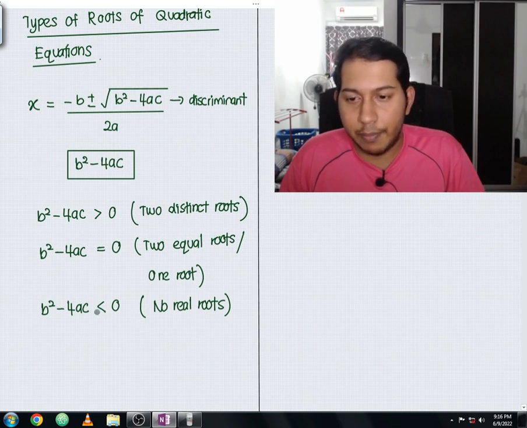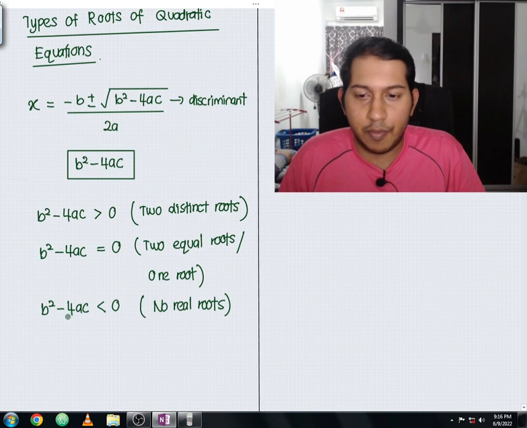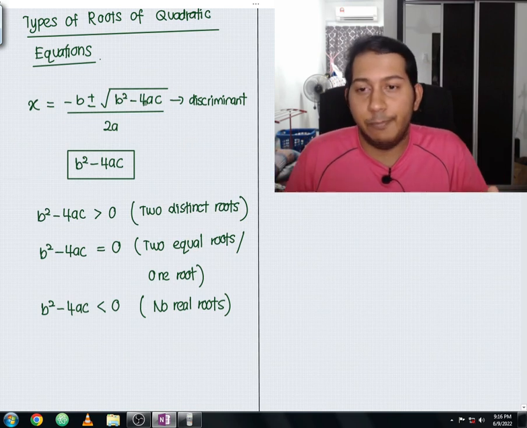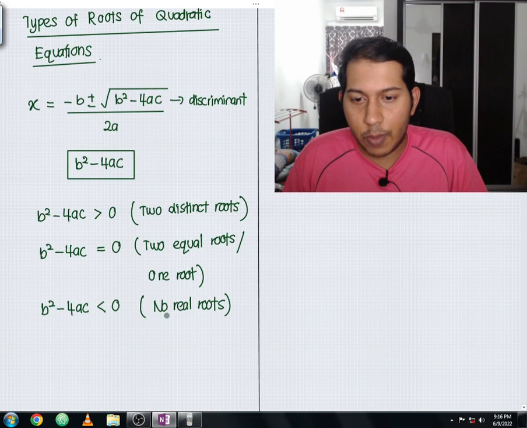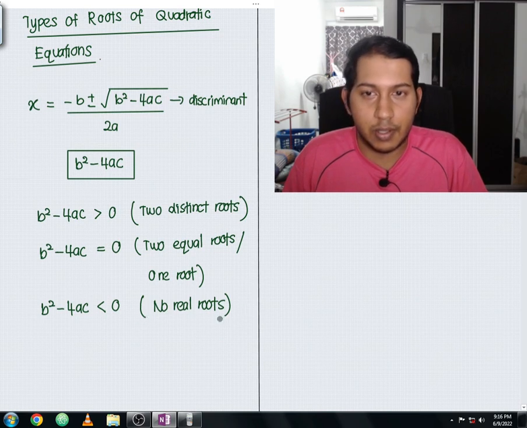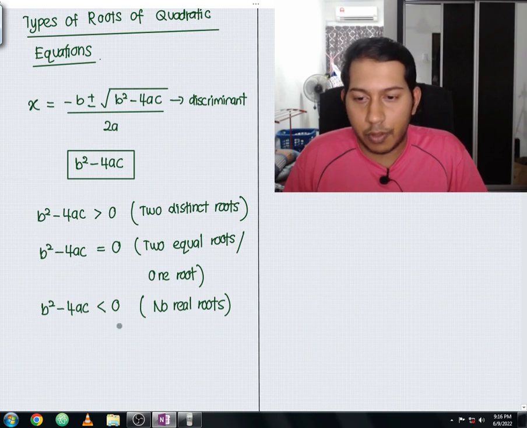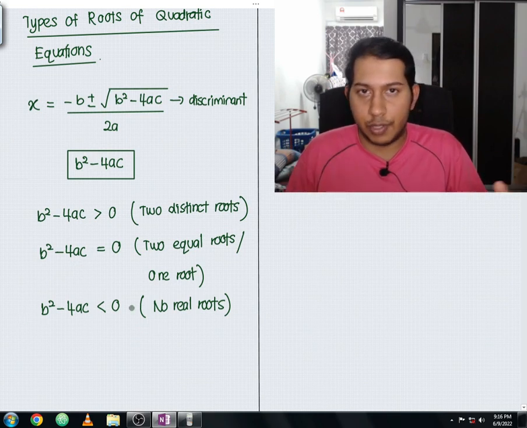Let's say, for example, you have negative 5. When you try to square root negative 5, at your level, you will not have any solutions. That is why you have no real roots. Only these two solutions are possible.